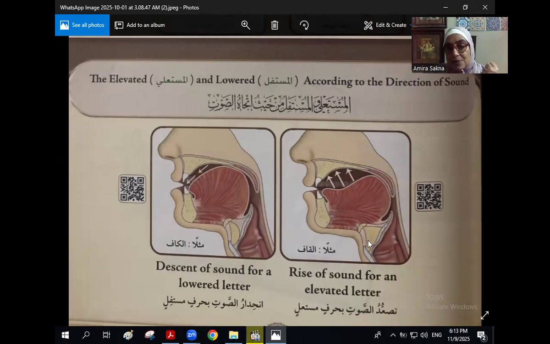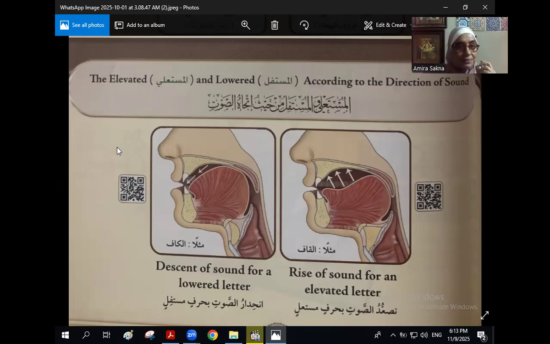We take the qaf as an example for an elevated letter, and the kaf for a lowered letter. When we pronounce the qaf, try it with me kindly: qa, qa, qa. The sound rises to the roof of the mouth or the dome of the palate.